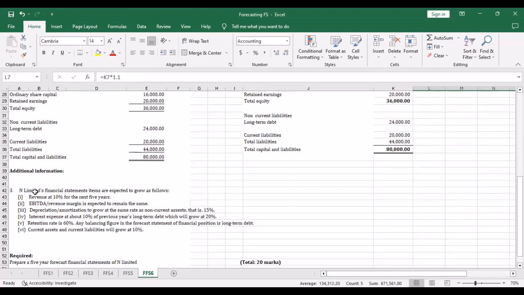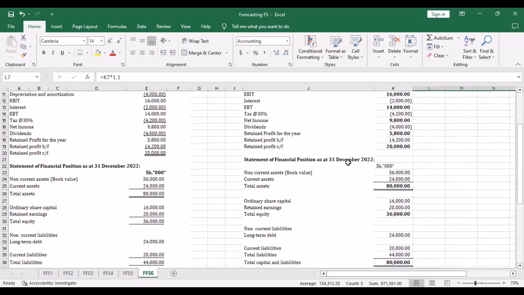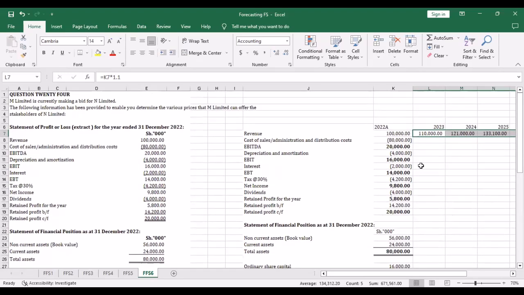So earnings before tax, depreciation, and amortization over revenue margin is expected to remain the same. So it is this one. So you must find the percentage first. This one here, which is the same as gross profit, is expected to remain the same.